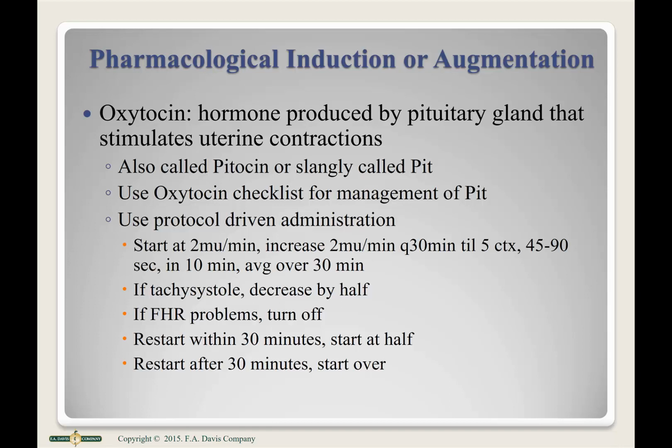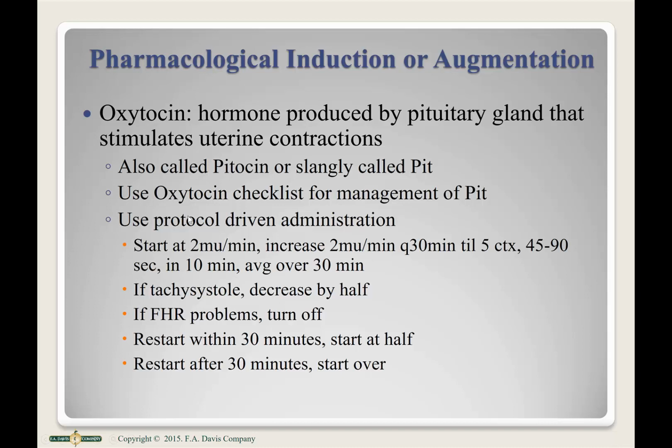There is a checklist we follow when we start and manage Pitocin. Is it safe to start? We need to know the contraction pattern. We can't start Pitocin if she's already having 5 contractions in 10 minutes. We also need a reassuring fetal heart rate pattern. As long as we have those, we can start the Pitocin.